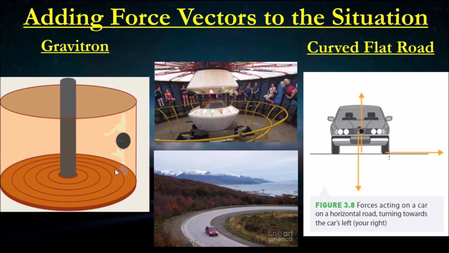Now, on the gravitron, you have your gravitational force. Okay, so there's that. Next question is, if you're on the gravitron, you don't appear to slip up or slip down. Okay, so that indicates that there's something balancing out our gravitational force.